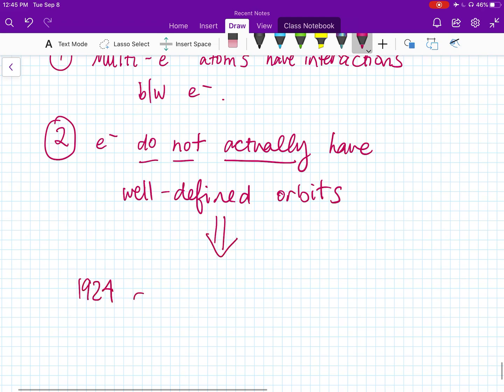So in 1924, Louis de Broglie figured out that electrons have wave-like properties as well as particle-like properties. And you can interrelate them by calculating the wavelength of a particle with mass m and velocity v. So we talked about that in a previous lecture.